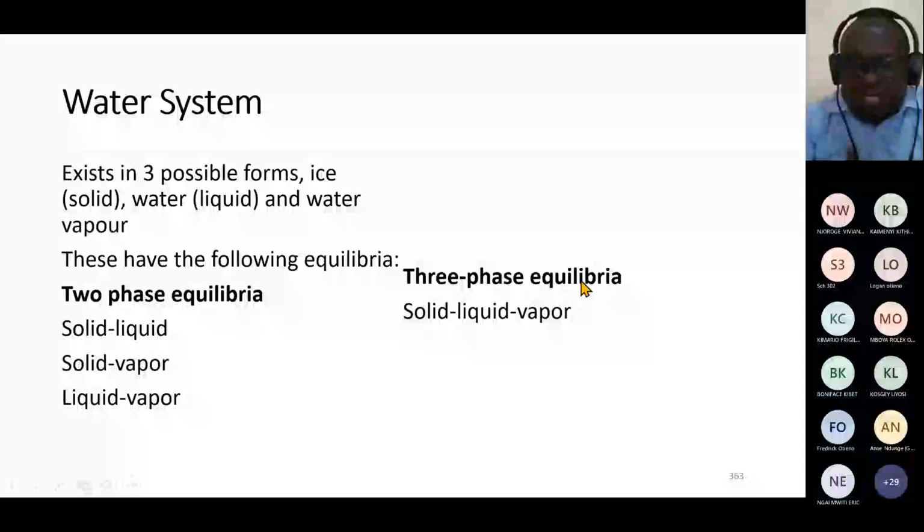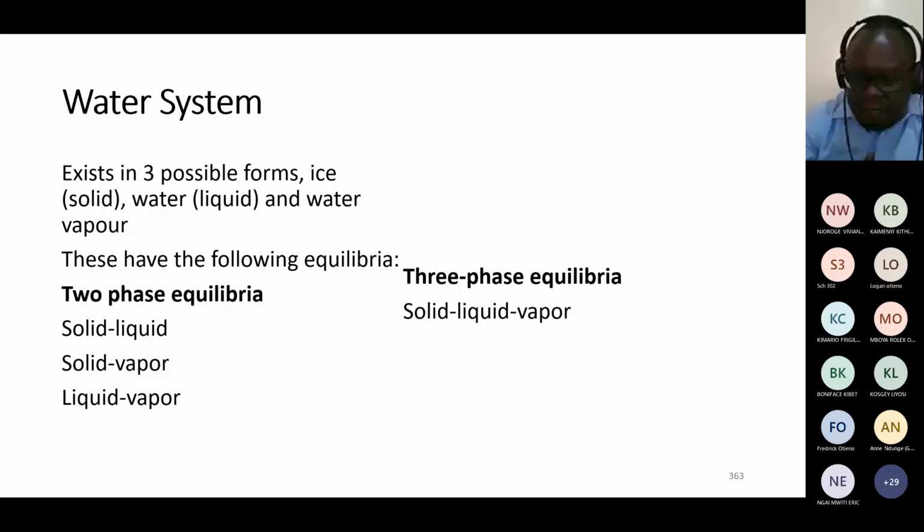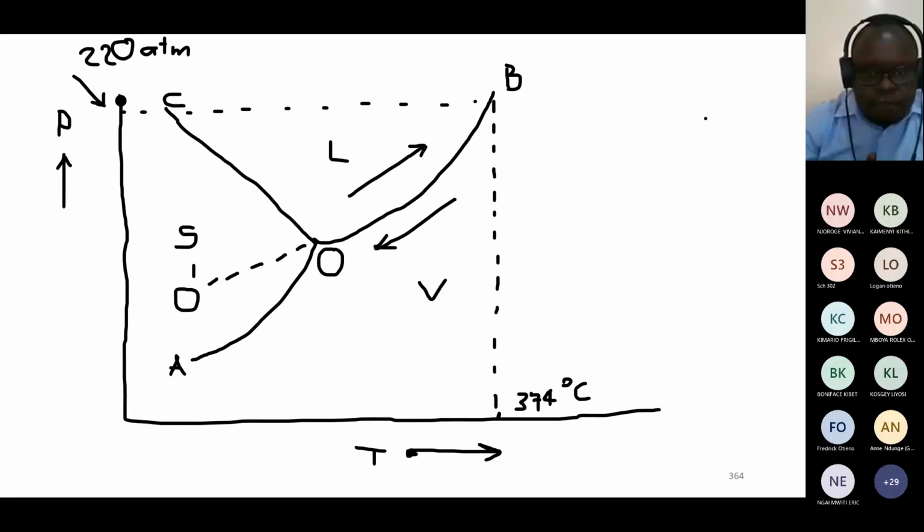In terms of the three-phase equilibria, we can have the solid, the liquid, and the vapor, the three phases, being in equilibrium. This is what we call the triple point, as mentioned earlier. So this is what we have here. Remember, this is pressure against temperature.